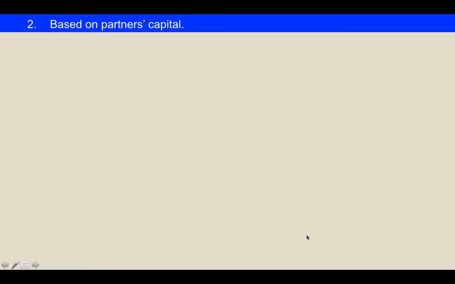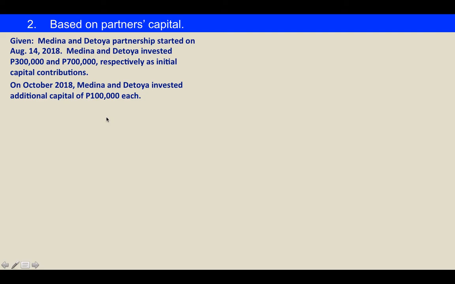Now class, we are now going to discuss based on partners capital, and this is what we are going to use to illustrate this. So given Medina and De Toya partnership started on August 14, 2018. Medina and De Toya invested 300,000 and 700,000 respectively as initial capital contributions.